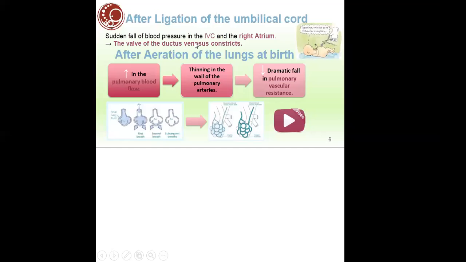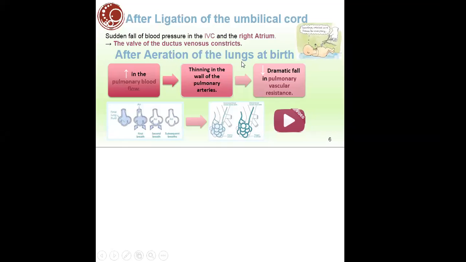So this sphincteric mechanism will close the ductus venosus to prevent overpressure or overburden of the heart. So they have written here that the wall of the ductus venosus constricts, but it is the sphincter.